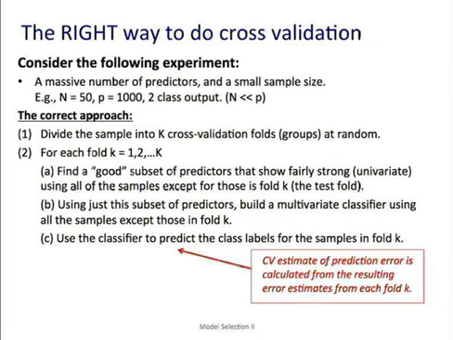One thing you could do, if you need to do filtering, is find a good subset of predictors that show fairly strong univariate properties or correlations using all samples except for those in fold K, the test fold.